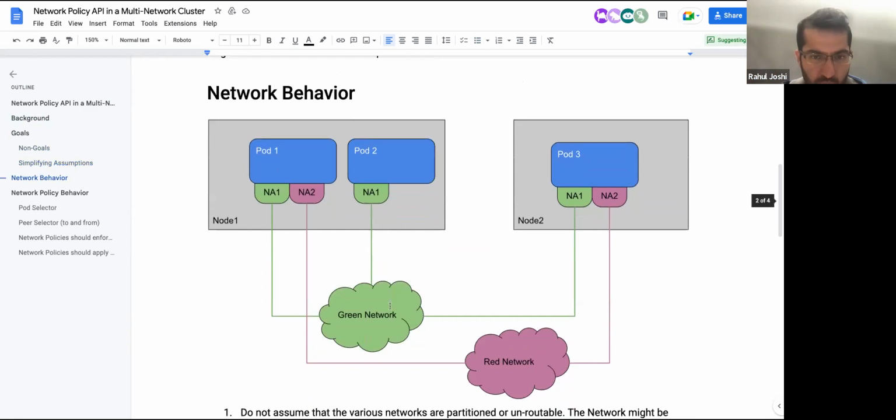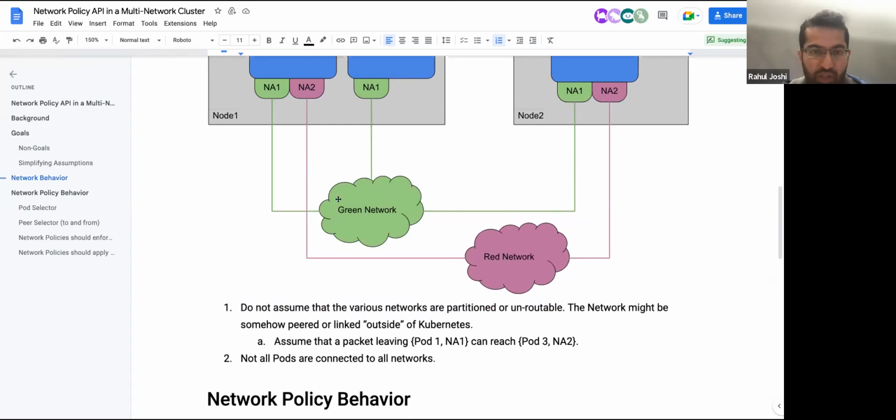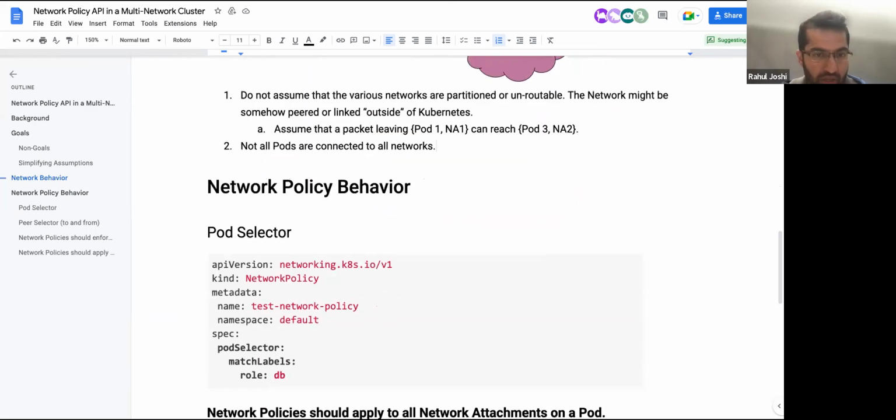As far as network behavior goes, I called out some of the things we were mentioning. I'm saying we shouldn't assume the networks are partitioned or unroutable. We may want to behave in a certain way, but we should assume that traffic could end up anywhere, and that no pods have to be connected to all networks.